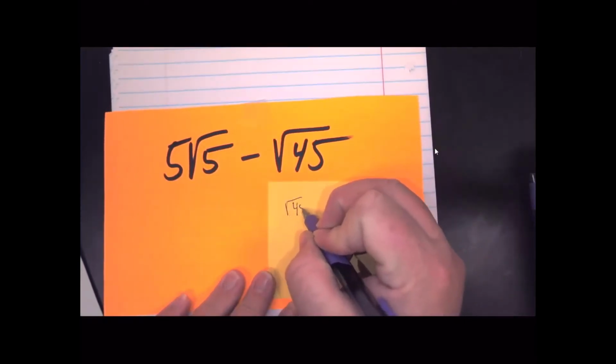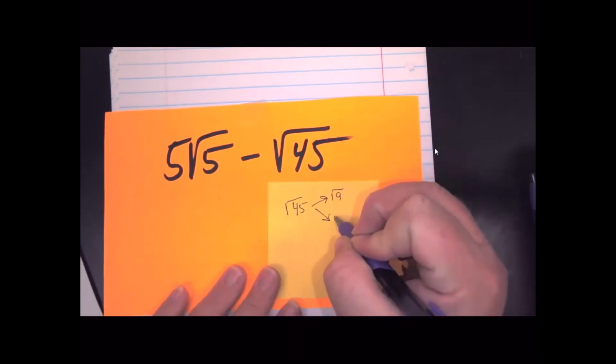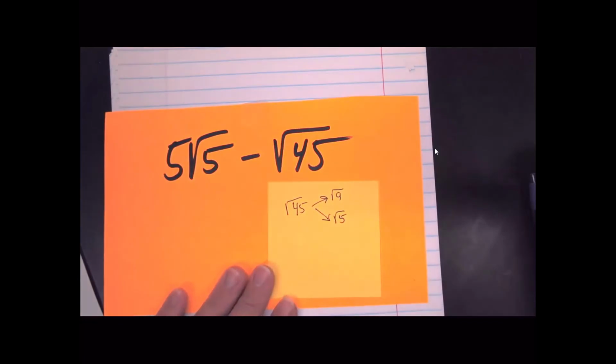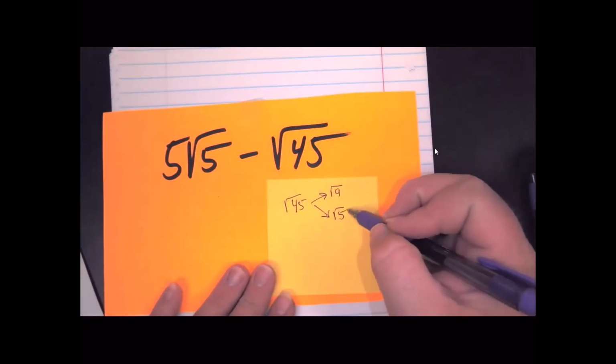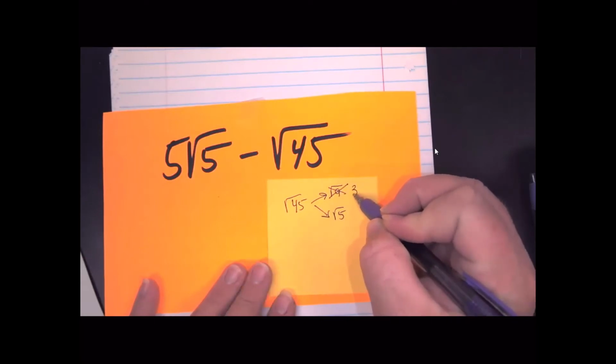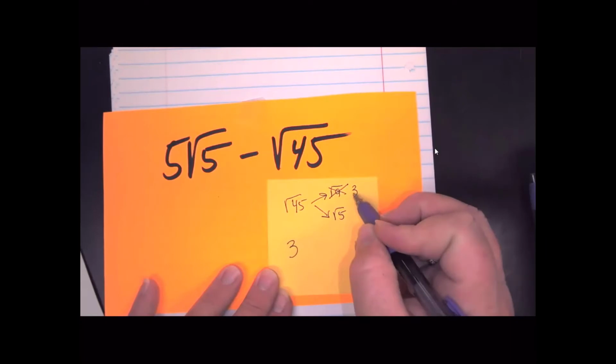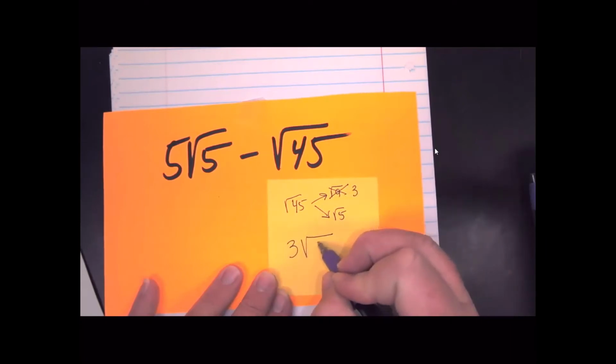So the square root of 45 can be broken down into the square root of 9 and the square root of 5. And the square root of 5 can't be done, but what about the square root of 9? You're right, that's 3. So the square root of 45 can actually be simplified into 3 square root of 5.